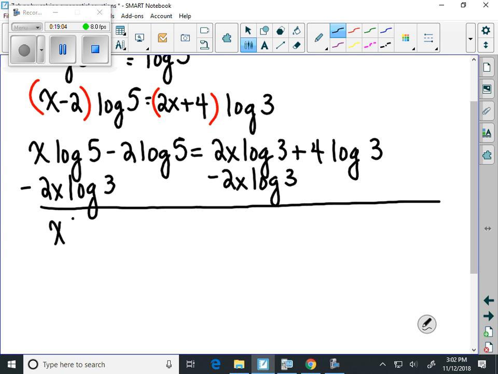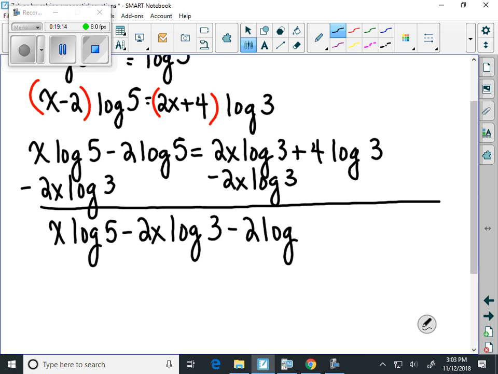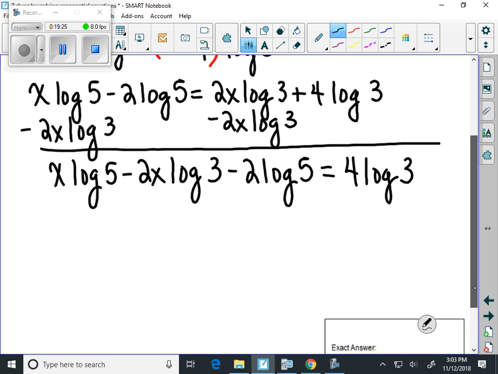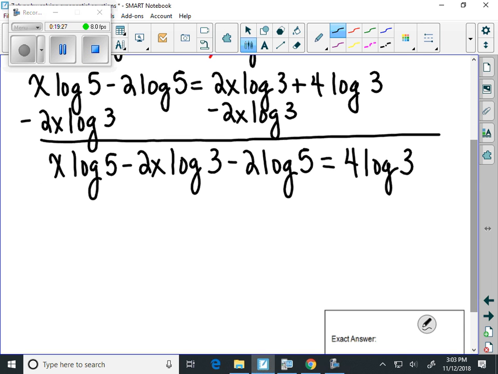We have x log 5 minus 2x log 3. We still have over here on the left side minus 2 log 5. And on the right side we just have the 4 log 3. So what we have done is we have all of the x's on the same side of the equation, and now what we're going to do is we're going to move this 2 log 5 over here to the other side.